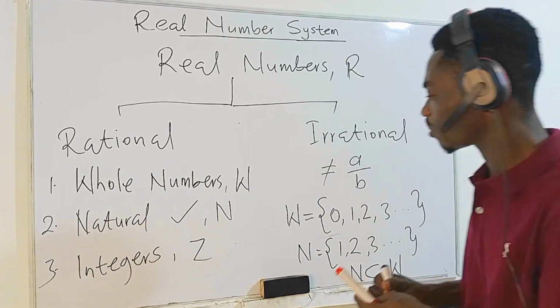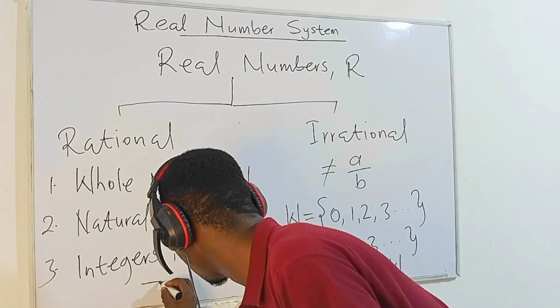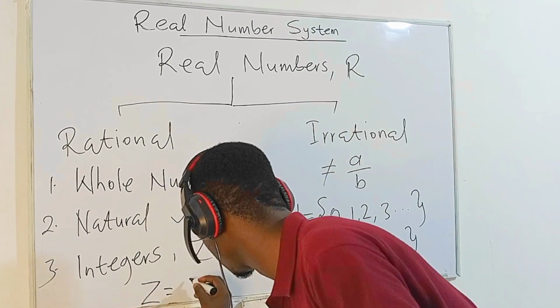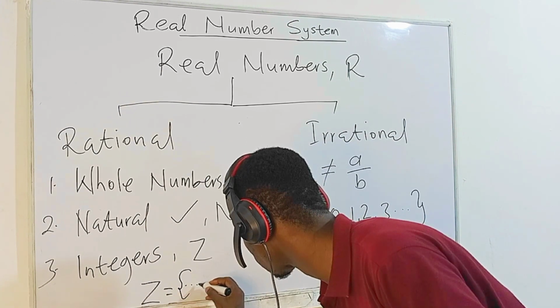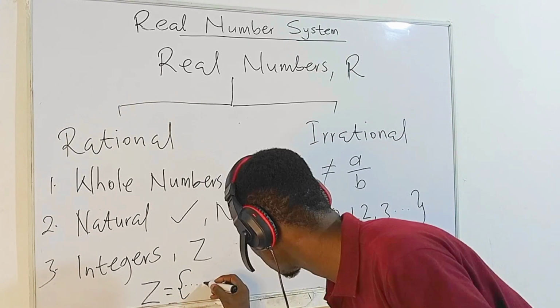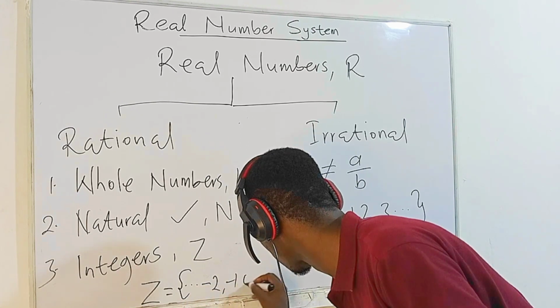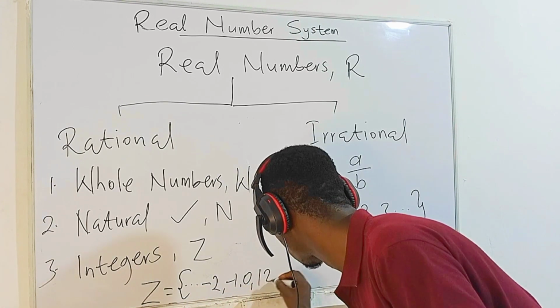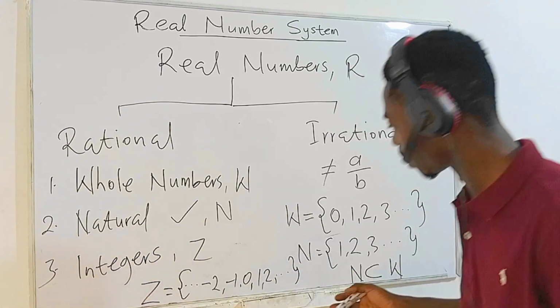Now let's consider the set of integers. Integers, which is capital Z, is equal to, in fact, that one also starts from a point where we don't know, and then comes all the way: -2, -1, 0, 1, 2, and it also keeps on going up to infinity. So look at it carefully.